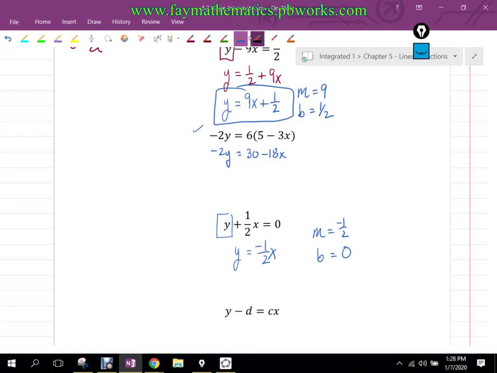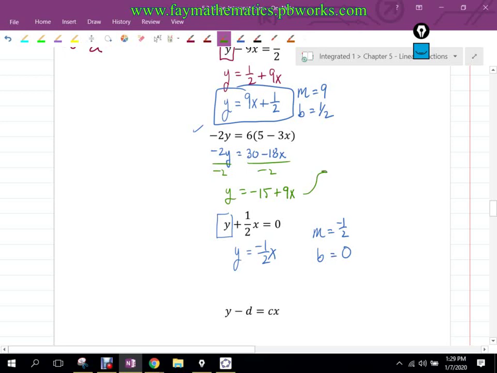Divide by negative 2. So I'm going to divide by negative 2. Remember, when you divide the right-hand side by negative 2, you're dividing everything over there by negative 2. So what's 30 divided by negative 2? Negative 15. What's negative 18 divided by negative 2? Positive 9. Remember, a negative divided by a negative turns into a positive.